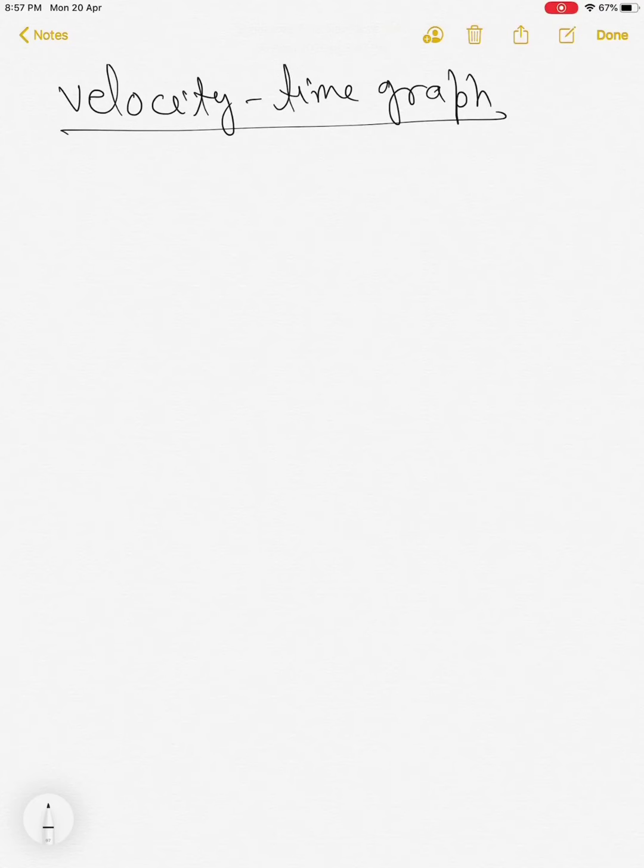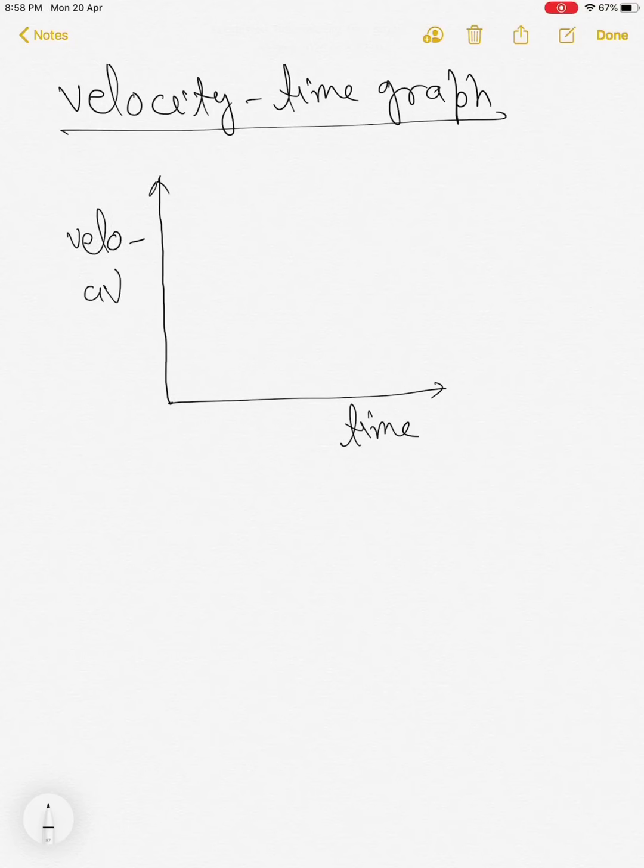Now another graph, that is the velocity time graph. If we take velocity on the y axis and time on the x axis, then it is known as a velocity time graph.